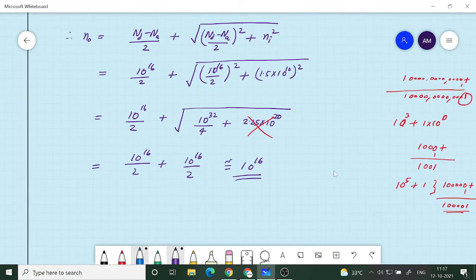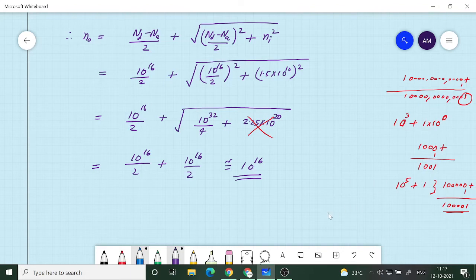So this example demonstrates that if the difference between the two terms is at least 2 orders of magnitude, you don't need to consider the second term. Whichever is the higher order of magnitude, this is 10 raised to 16 and this is 10 raised to 10, so this is 6 orders of magnitude, so you don't consider it.